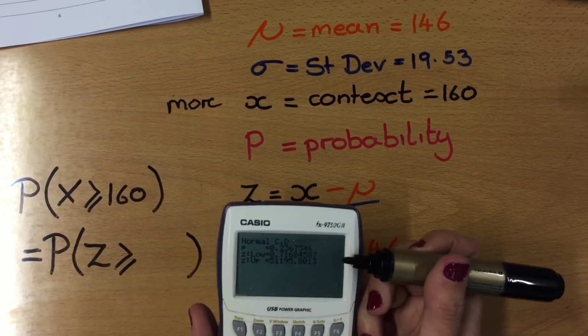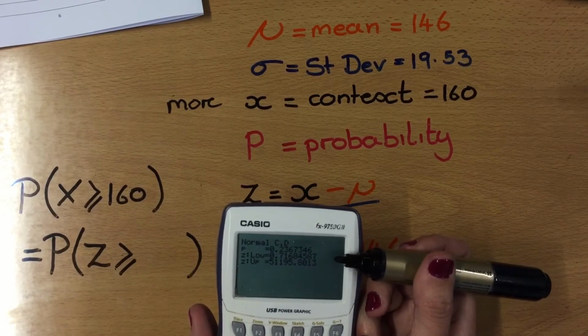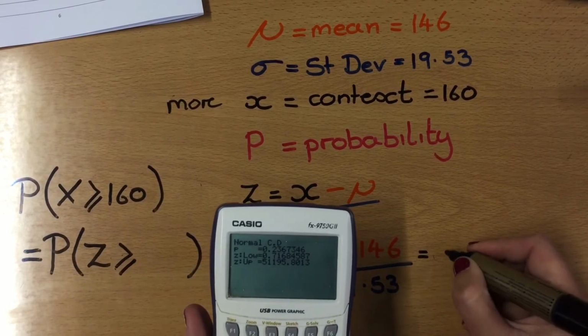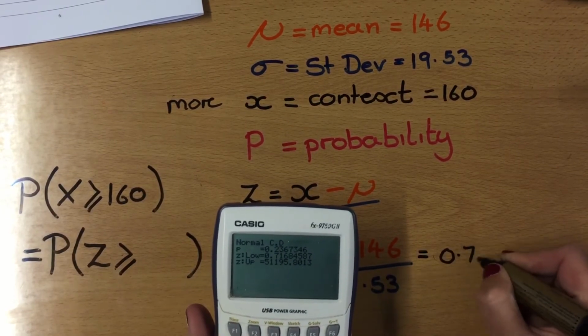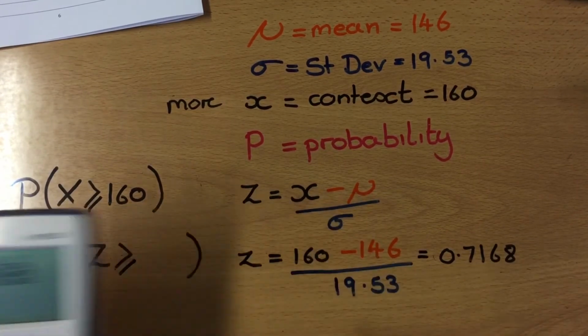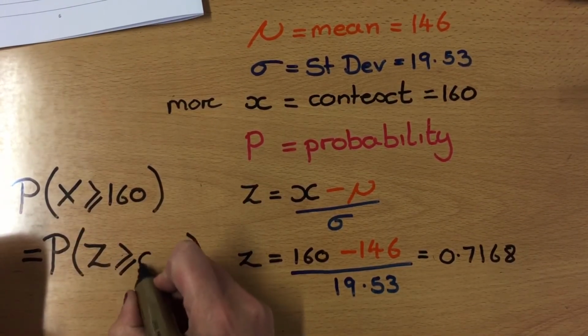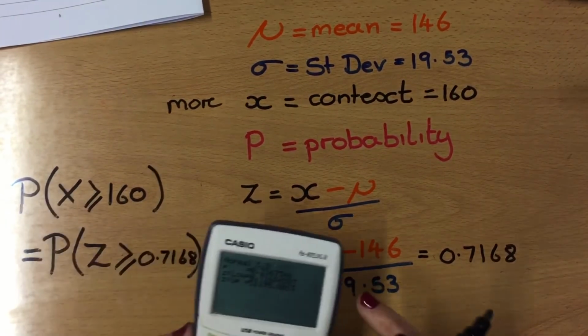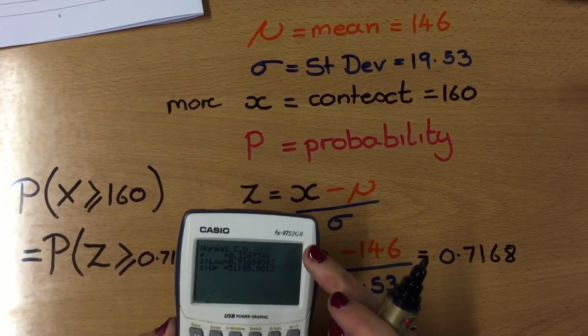So we have a lower bound, so our Z value should come in at 0.7168. And this is the bit we have to be careful.